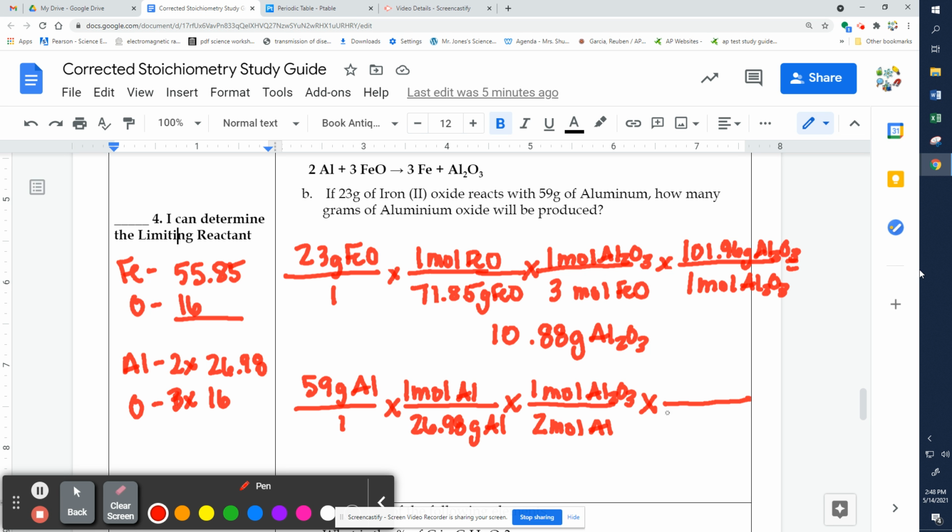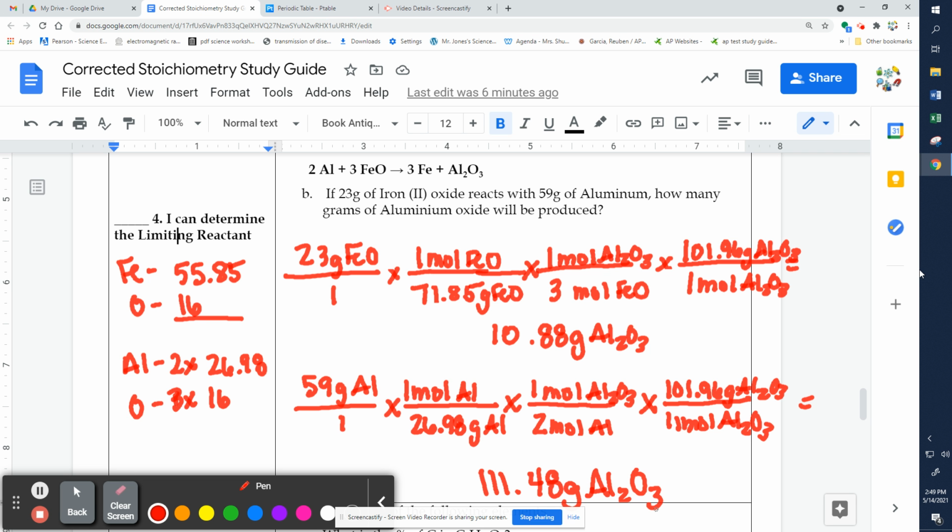Our last step is to go from 1 mole of aluminum oxide to the mass of aluminum oxide. And then we're going to enter that into our beautiful calculator. 59 divided by 26.98 divided by 2 times 101.96. We're going to get 111.48 grams of aluminum oxide.